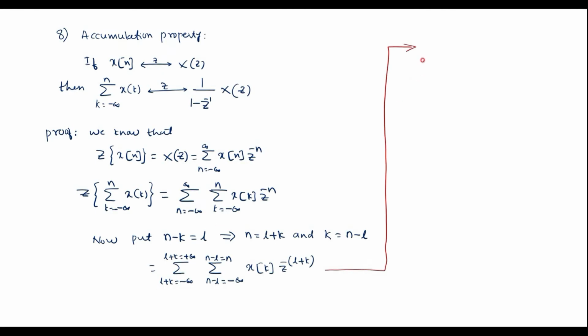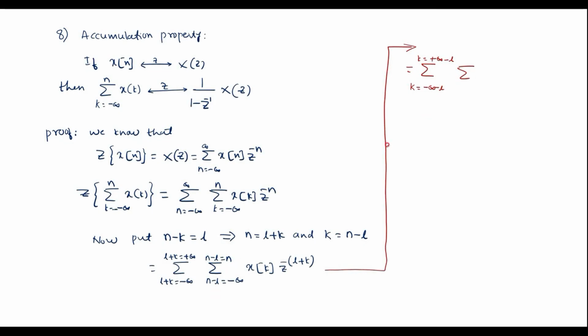Now I can simplify this further as a summation. I will take it as k equal to minus infinity minus L to k equal to plus infinity minus L summation.